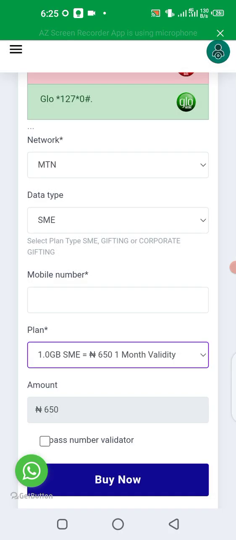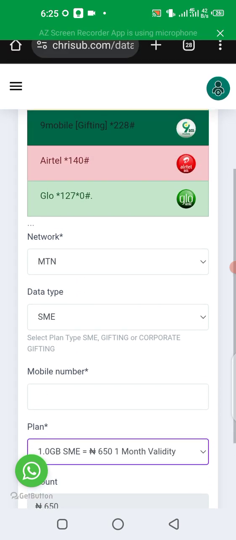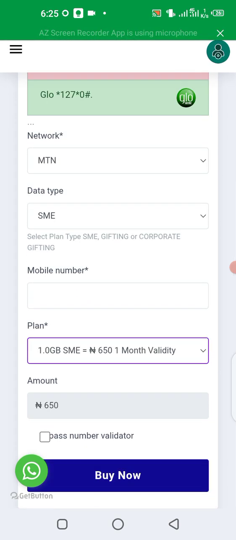Many people want data with 1 month validity, and most popular apps are only giving you 1 day, 2 days, or 1 week validity. But with our platform, you can get 1 gig for 1 month validity at 650, instead of paying 750 for a data that will last for 2 or 3 days.